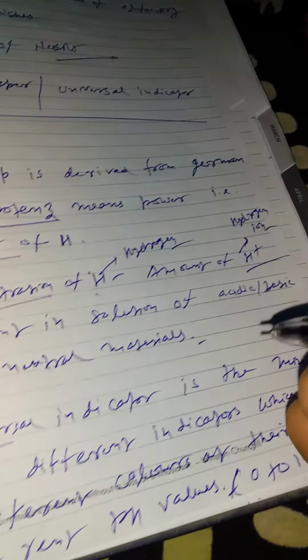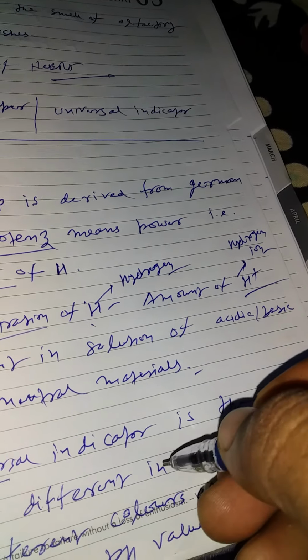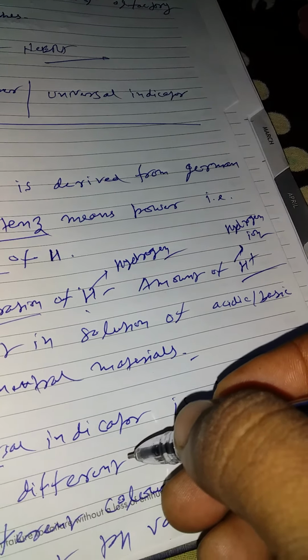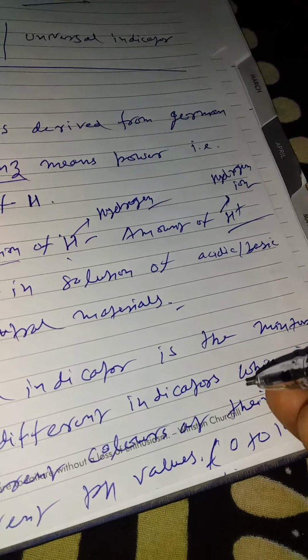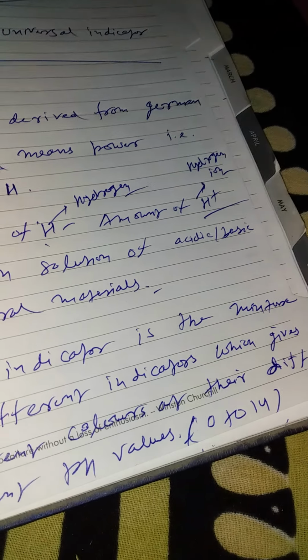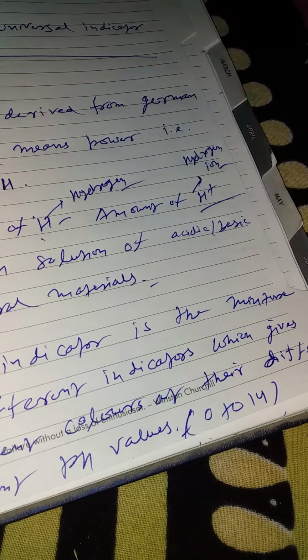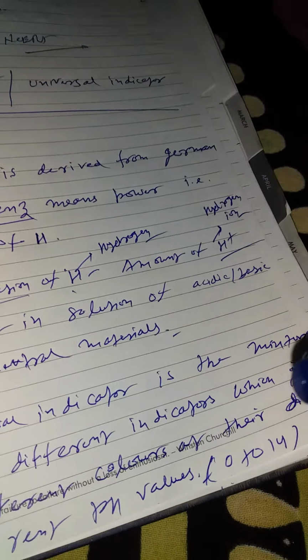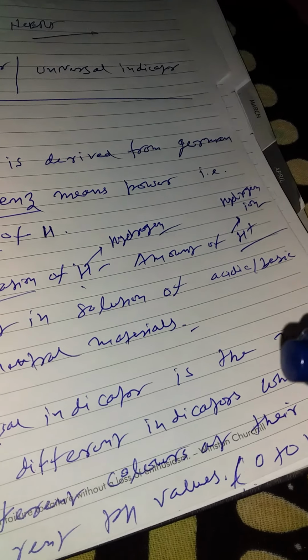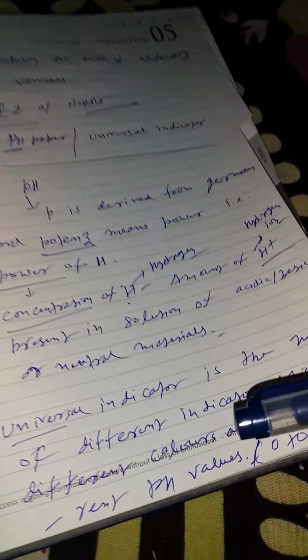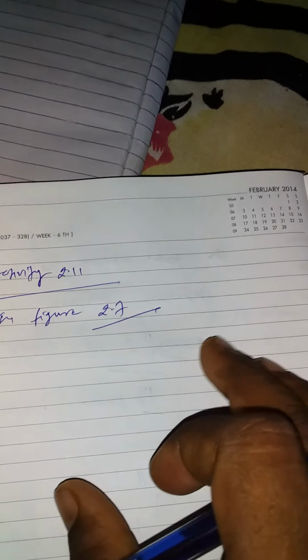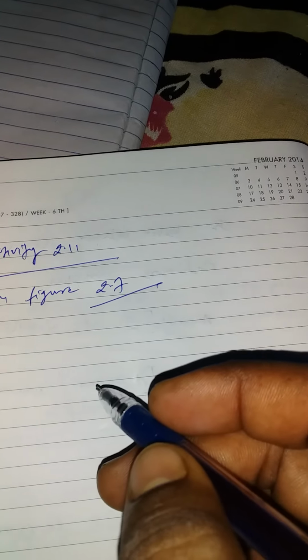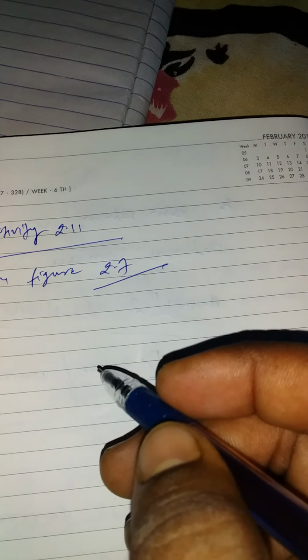So once again, universal indicator is the mixture of different indicators which gives different colors at their different pH values. What pH is and what pH value is will be discussed later when we come to the point pH and its application.